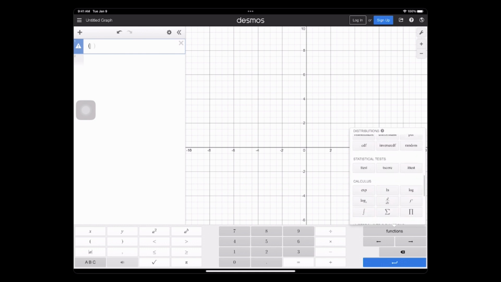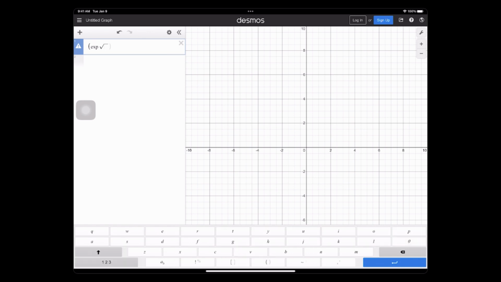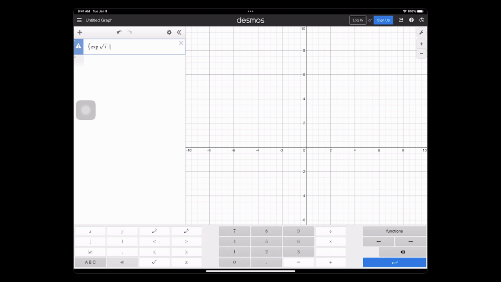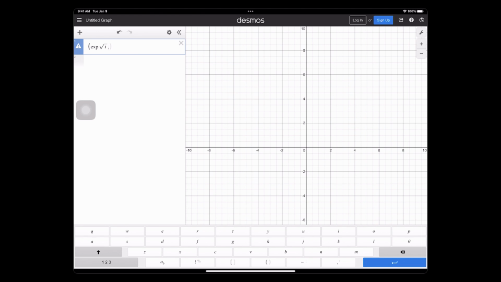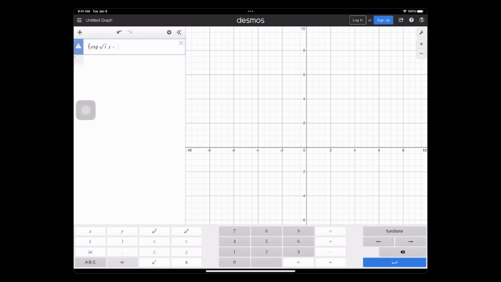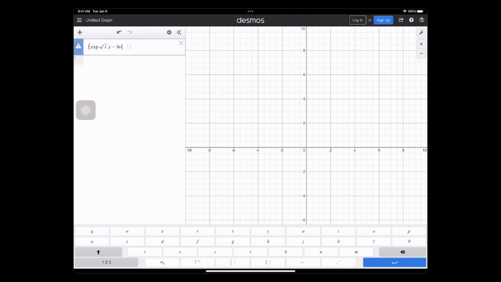None of this makes sense to me, by the way. E, square root of t, comma, where's t?